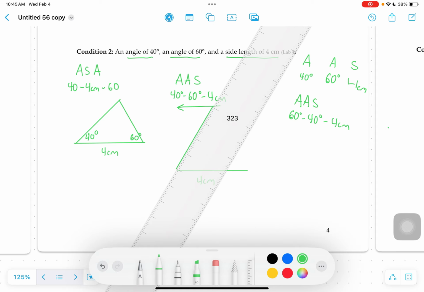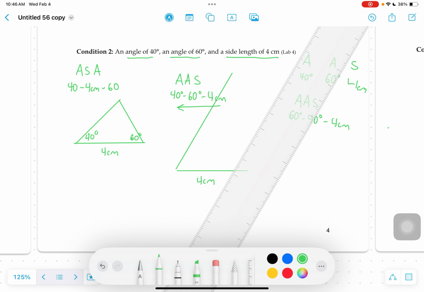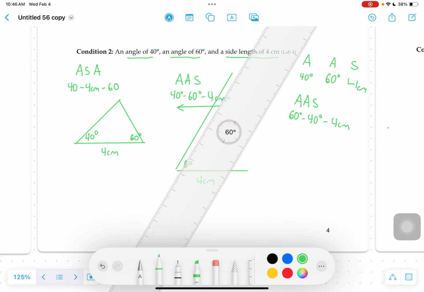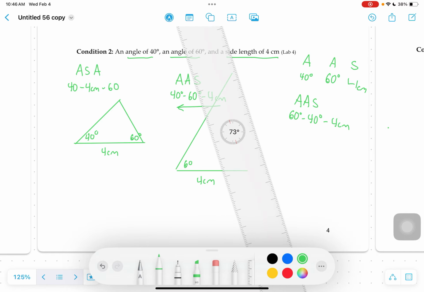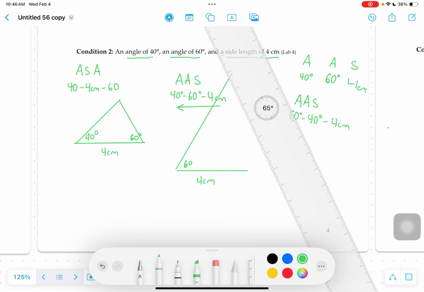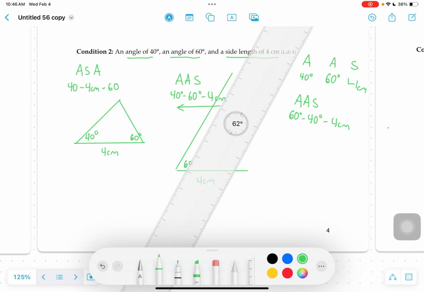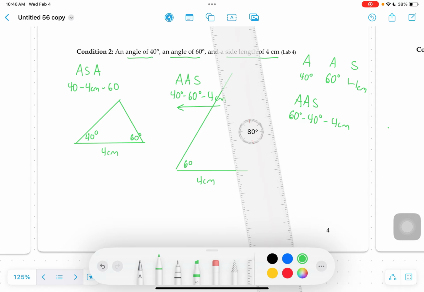I don't know where I'll want it to end, so I'm going to draw it longer than I need. And this is where we would slide our protractor along the line to get 40 here. Now mine doesn't quite say that in the same way, so you'll have to trust me here, but we're going to slide our protractor along this line until we connect it at 40 degrees.